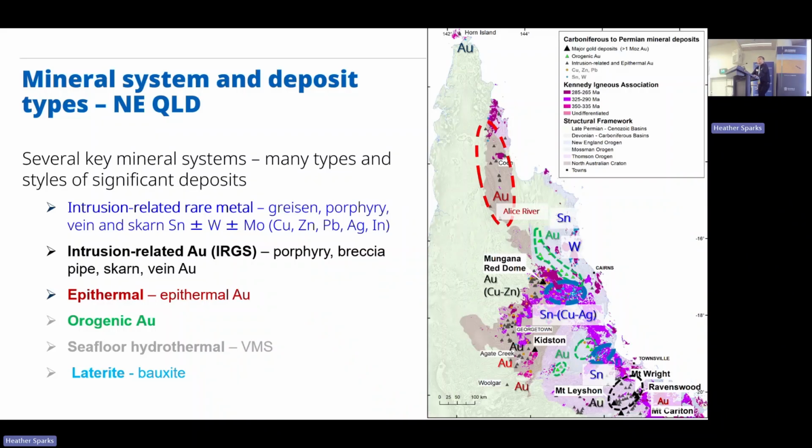Within this region of North-east Queensland, there is a great variety of deposits of different commodities, different styles and types. There are at least 16 distinct types of mineral systems, and you will see that lots of the area is covered by gold deposits of different styles, both intrusion-related and orogenic and epithermal.